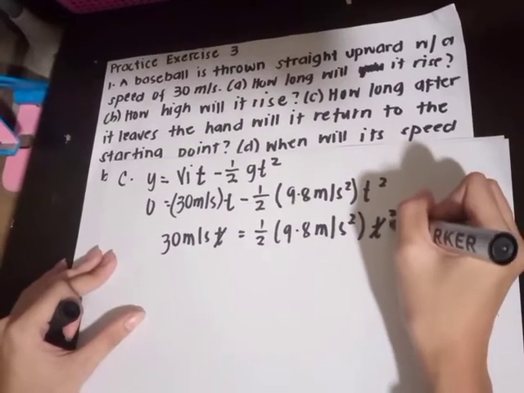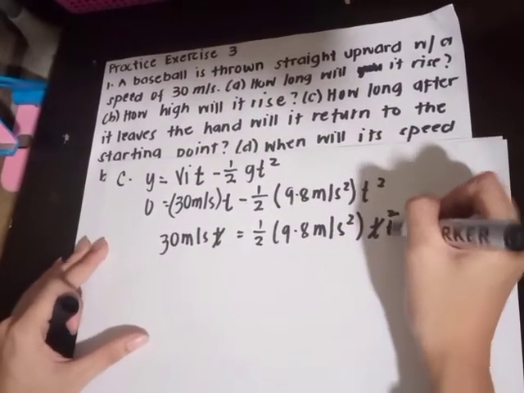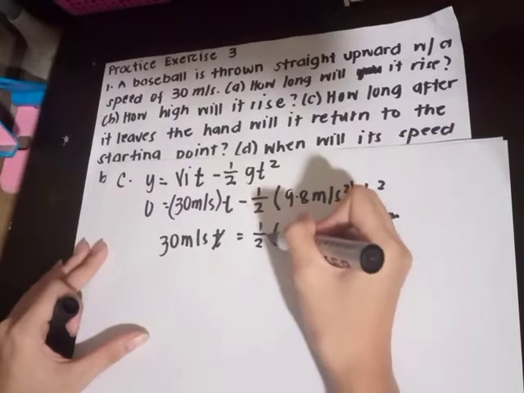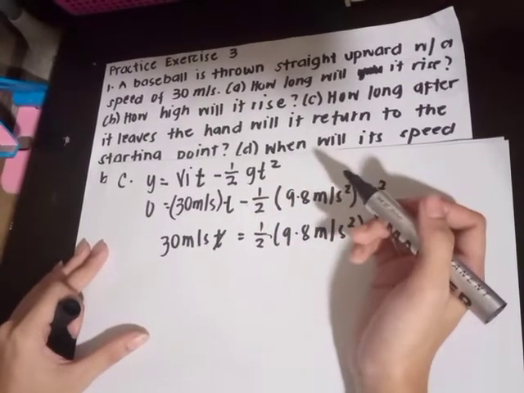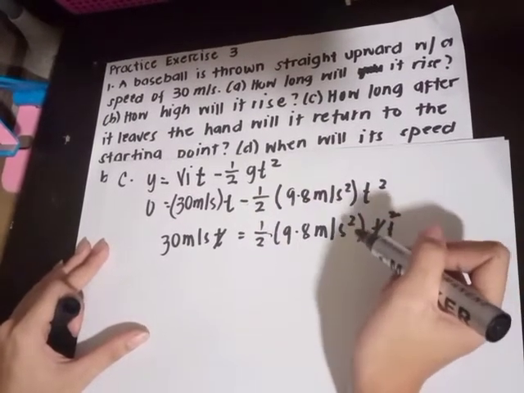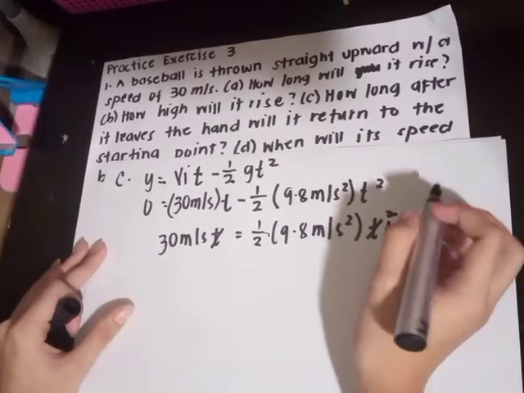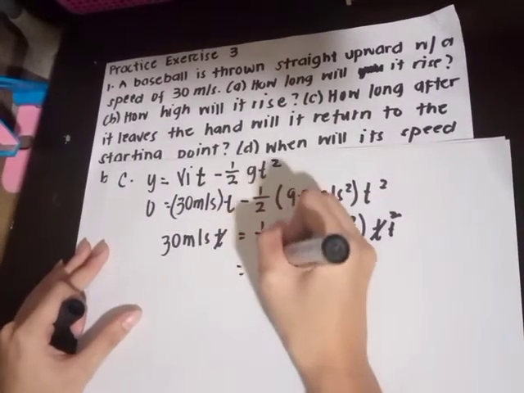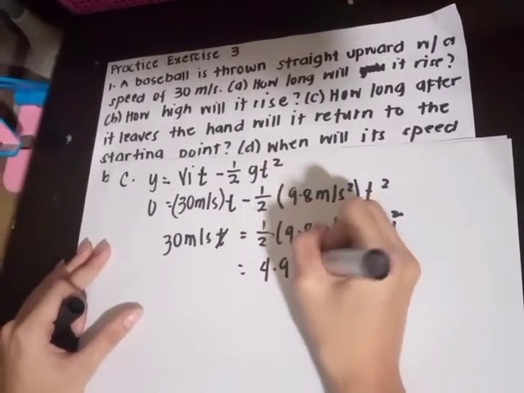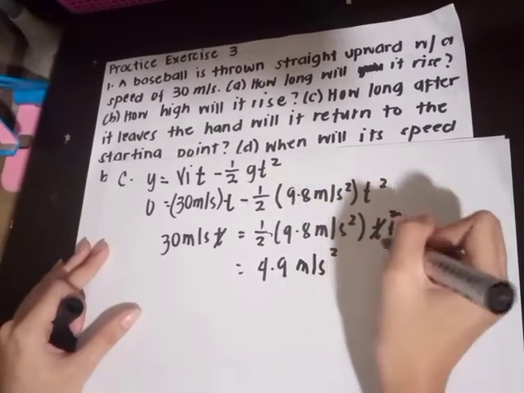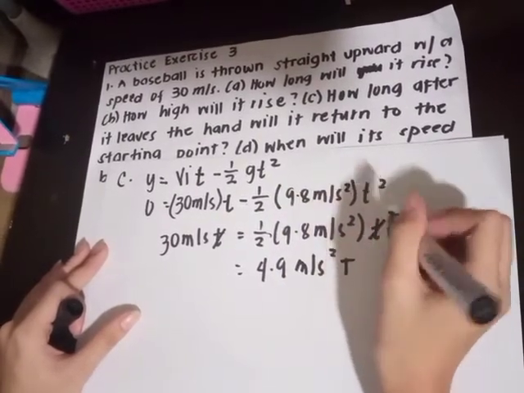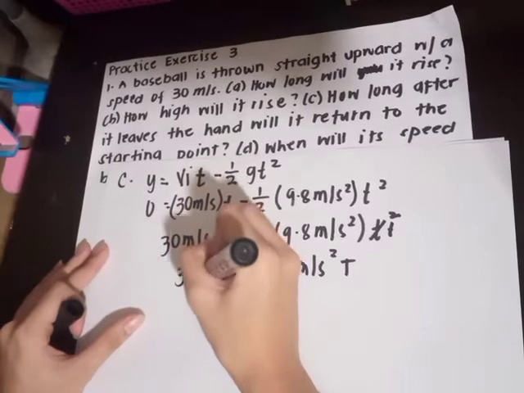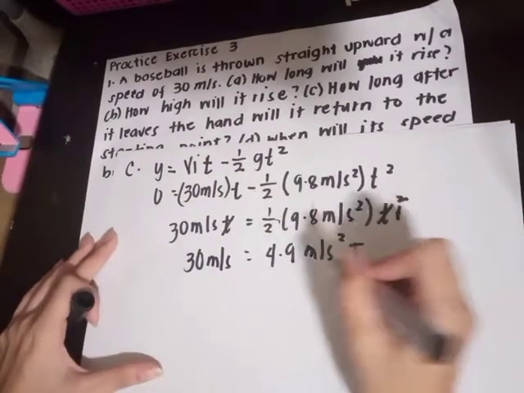Yan, isang time na lang ang matitira. Then 1/2 of times 9.8 meter per second squared is 4.9 meter per second squared t, dahil may isa pa dyan, at dito magiging 30 meter per second siya.